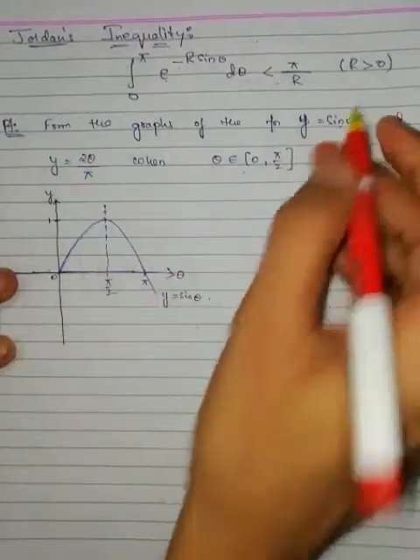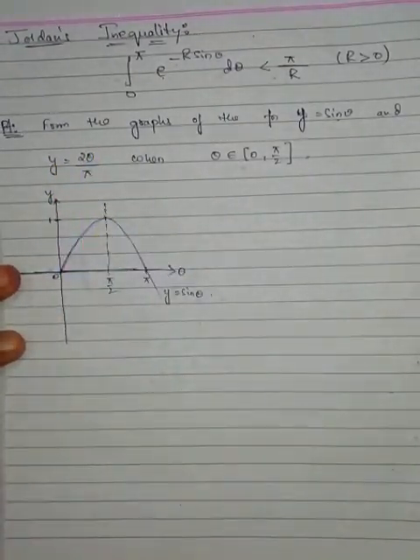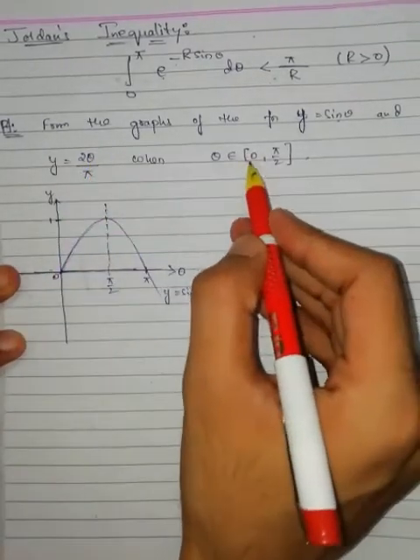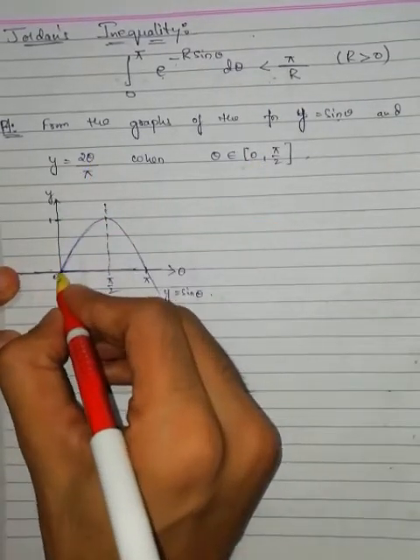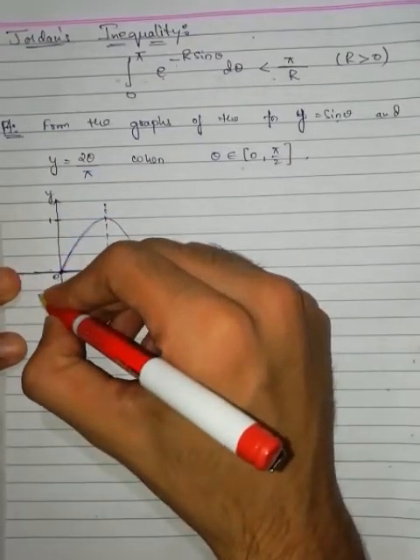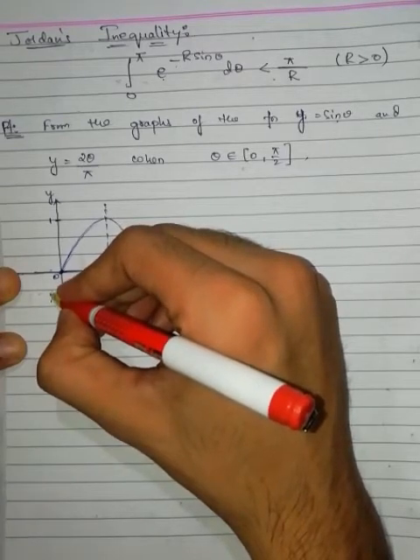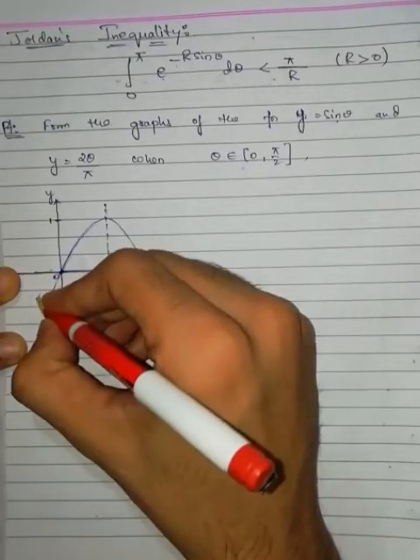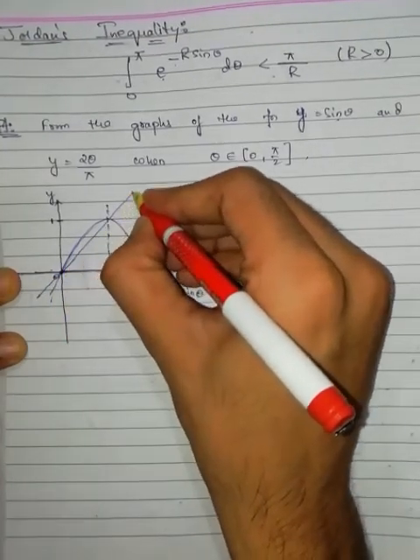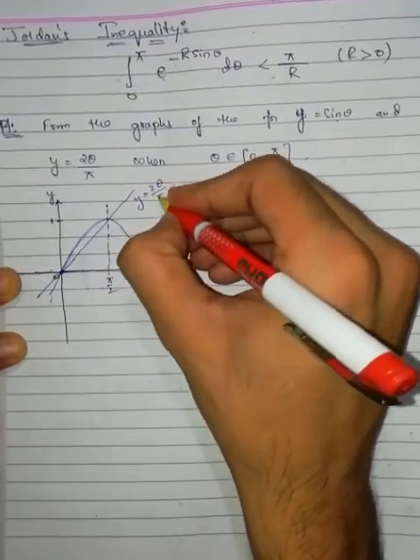Under this one we are considering the graph, and y is equal to 2 theta by pi, which is nothing but a straight line. Y is equal to mx form. If theta is equal to 0, this one is 0. If theta is equal to pi by 2, this value is 1. This is y is equal to 2 theta by pi.